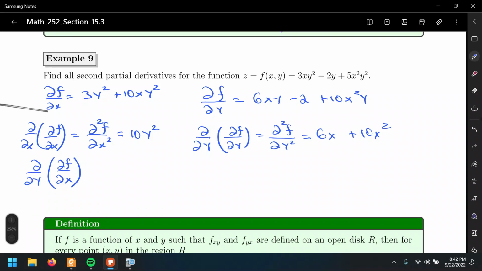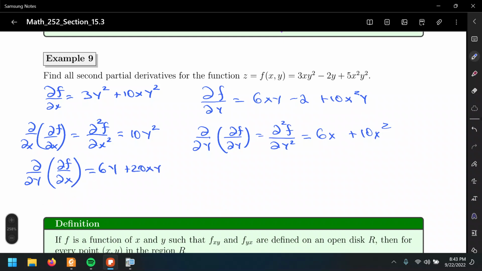So we're going to focus on this first derivative with respect to x, right here, the one at the top corner, and differentiate it not with respect to x again, but with respect to y. The derivative of 3y squared is 6y, and the derivative of 10xy squared is 20xy.